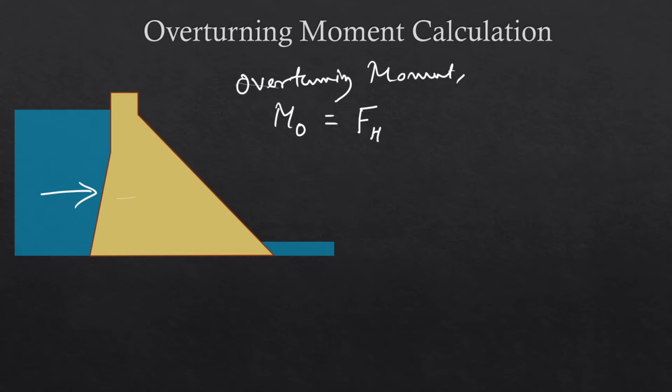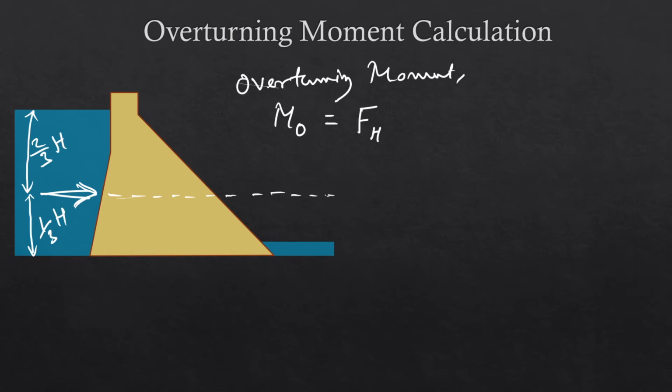and the distance of this force about the toe we can find out just by finding the distance of its line of action from this point. We know that this force will be acting at distance 2/3 of h from the top, or 1/3 of h from the bottom.